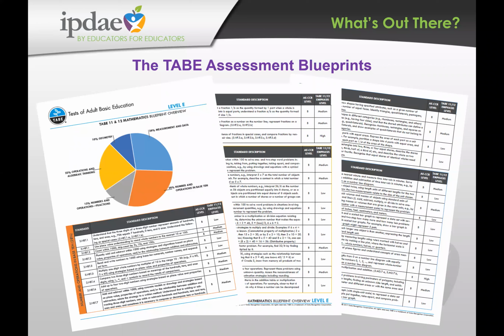But let me give you a caveat. Most of the low-level emphasis objectives in the blueprint are actually foundational skills for the medium and high-level emphasis. So I don't want you to shove the low-level emphasis under the rug and pretend they don't exist.